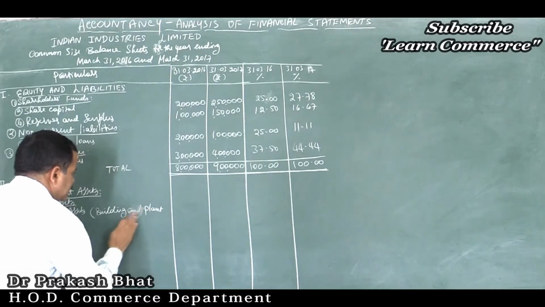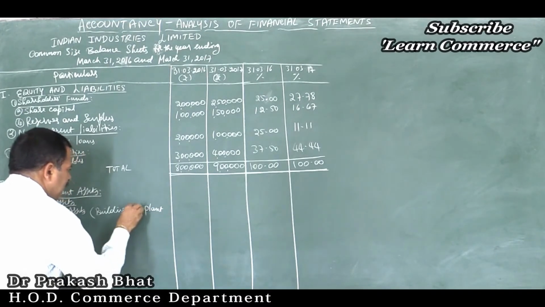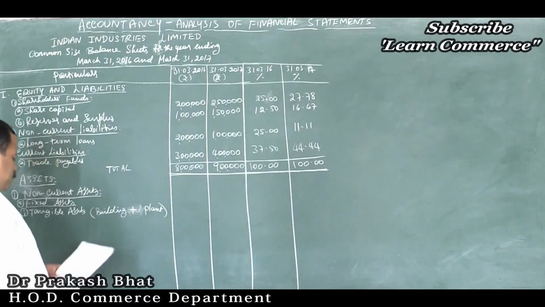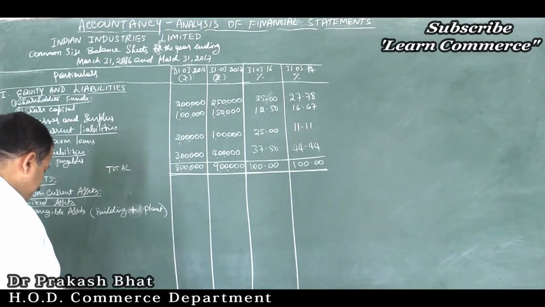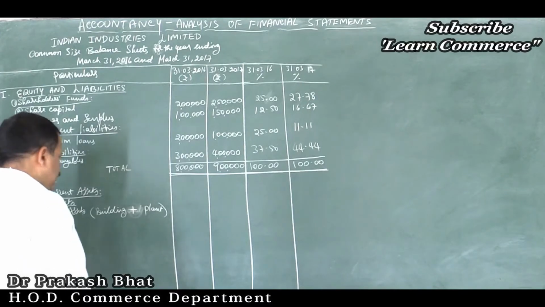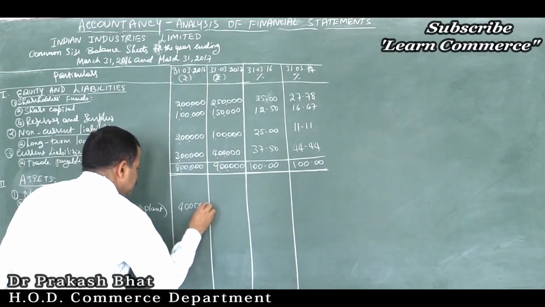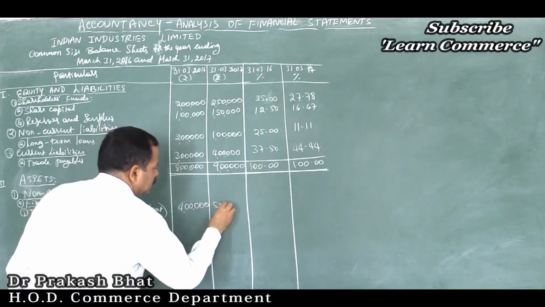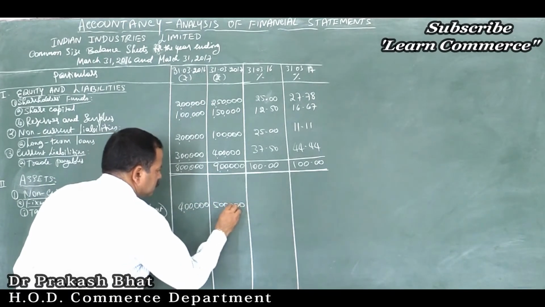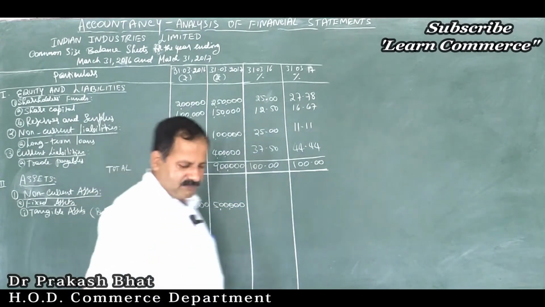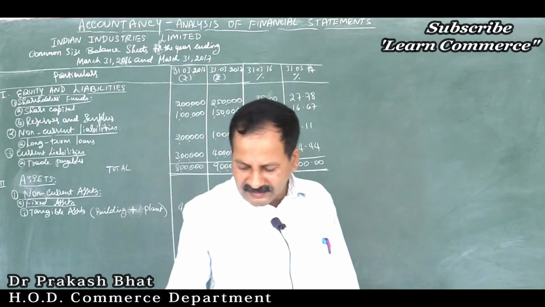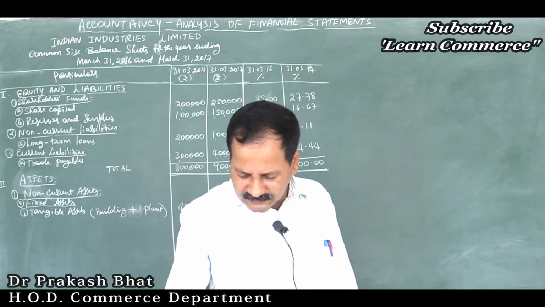Make it as plus, building plus plant, isn't it? Write it together, 4 lakh and 5 lakh. Yes. Now calculate how much it is.